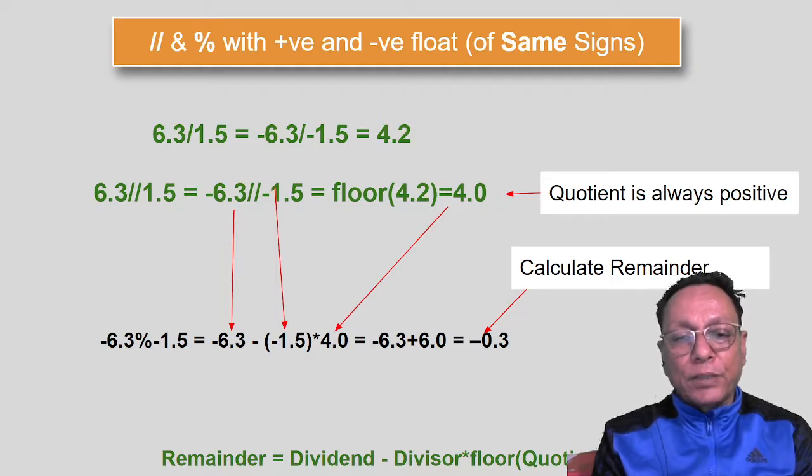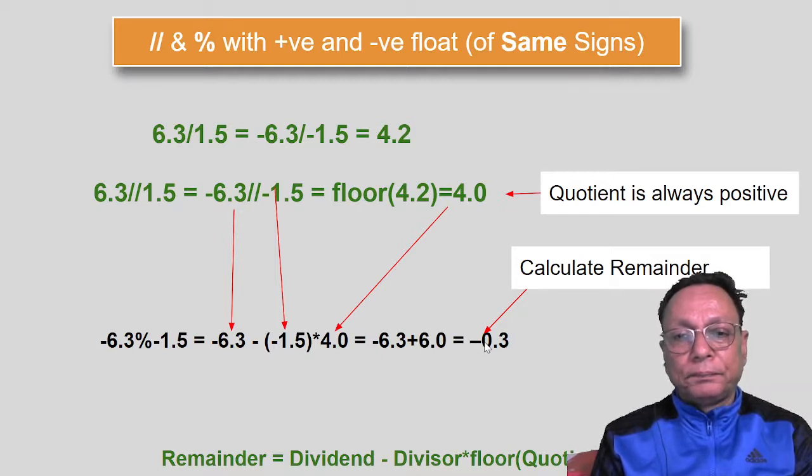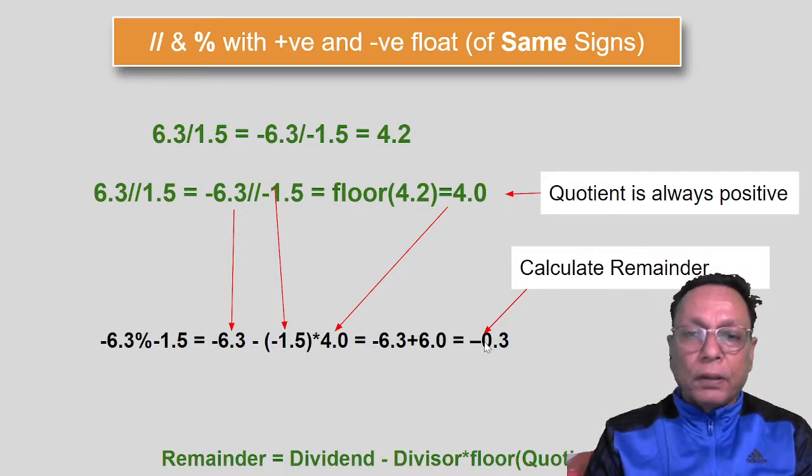So minus 6.3 plus 6.0 will give you minus 0.3 as a remainder.